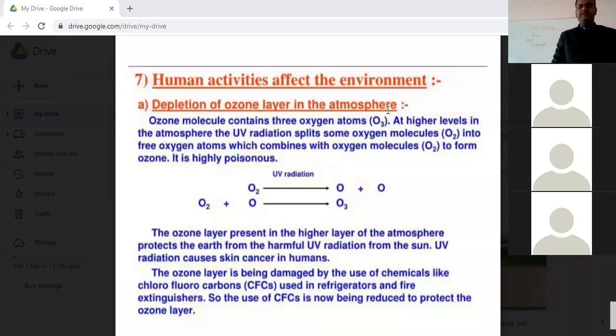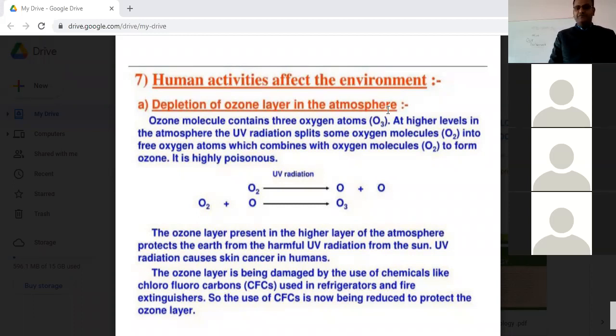At a higher level in the atmosphere, the ultraviolet radiation from the sun breaks the oxygen. The oxygen molecule is diatomic, and it breaks into free oxygen atoms.